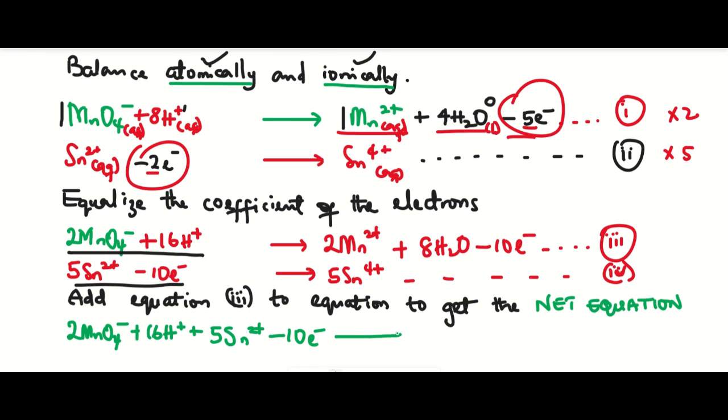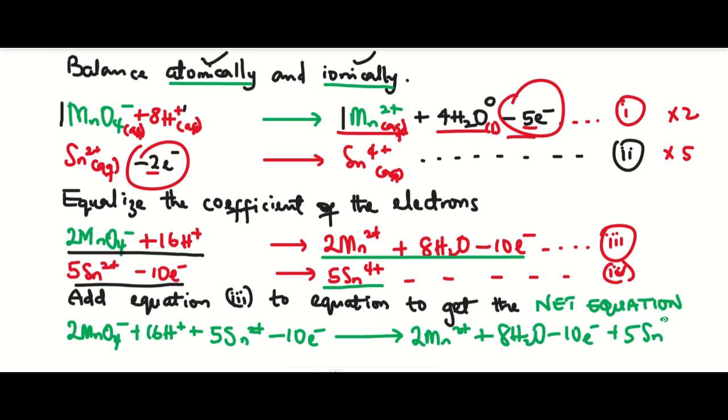So for the product side, we have the species at the product side for equation 3 added to that of equation 4. Hence, we have 2 moles of Mn2 plus, 8 moles of H2O, minus 10 moles of electron, plus 5 moles of Sn4 plus.